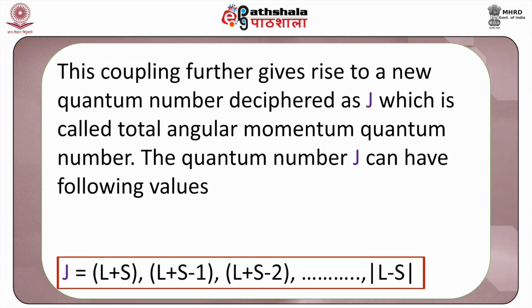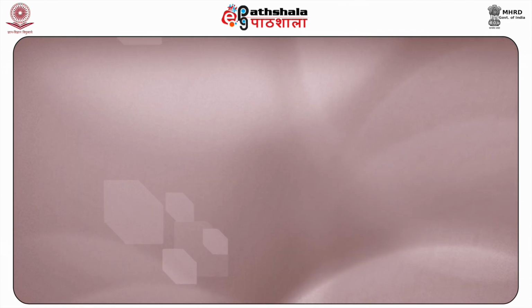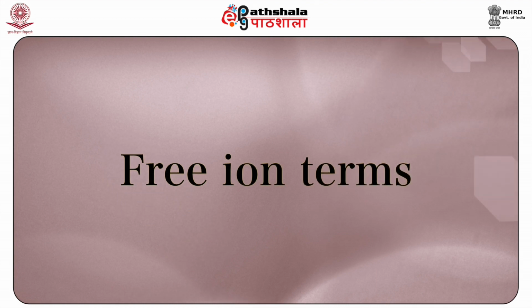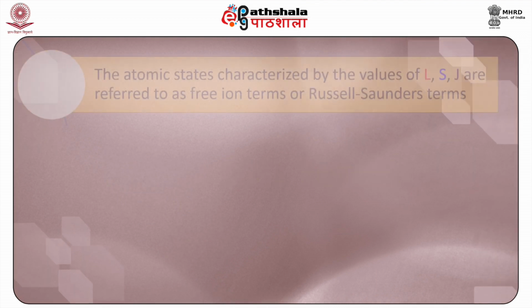The quantum number J can have the following values: capital J is equal to capital L plus capital S up to capital L minus capital S. Next, we will discuss free ion terms.